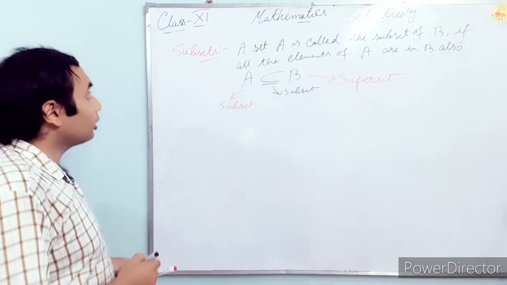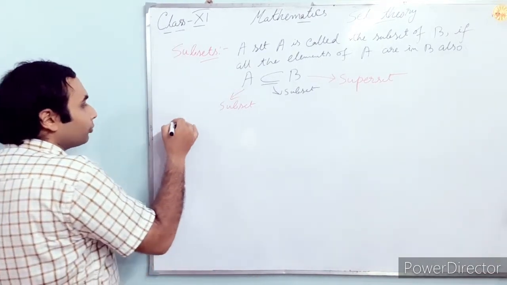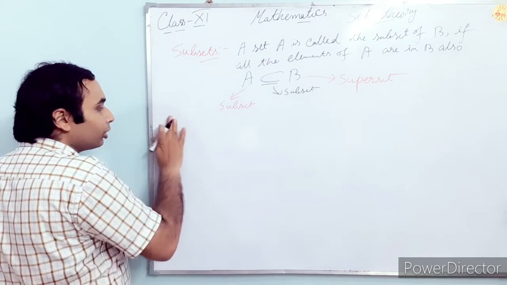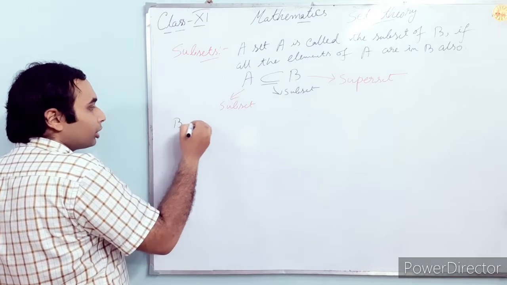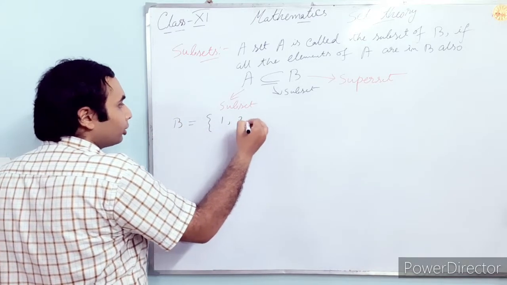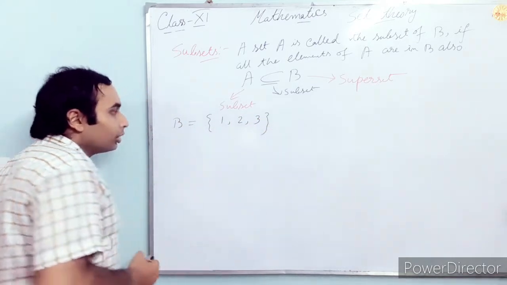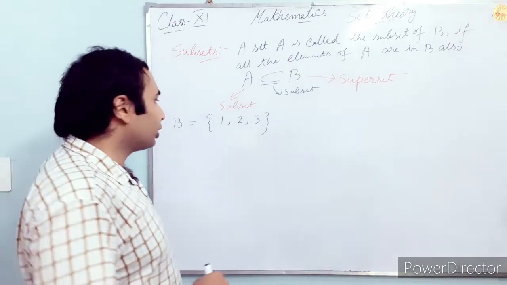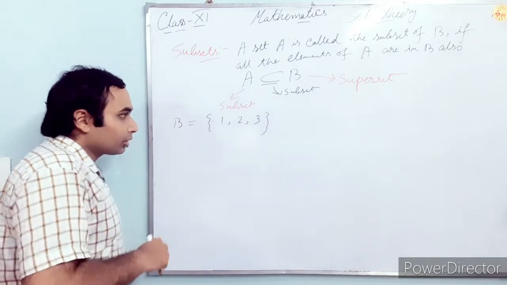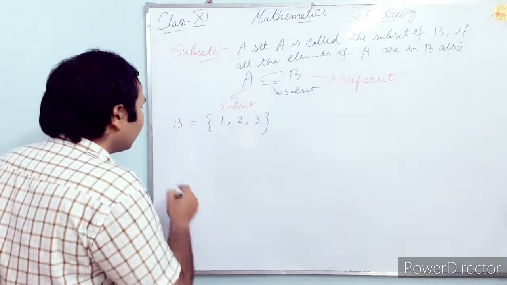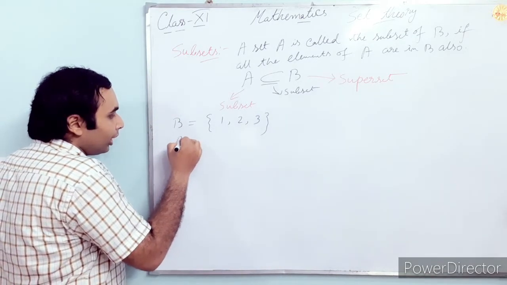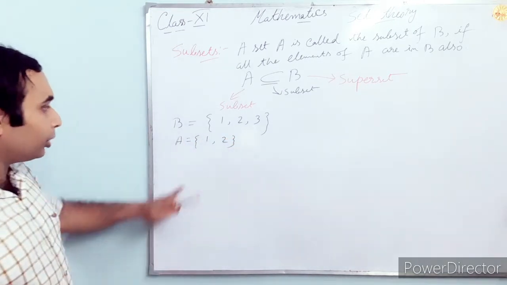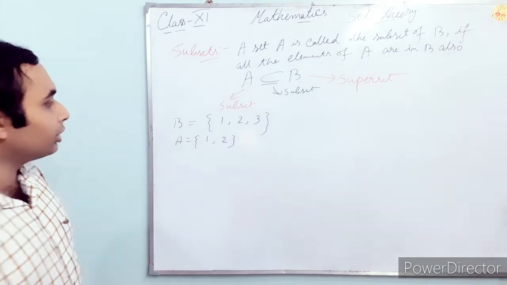Now, what are the subsets? If I give one example, for making you understand, I am taking B equals to {1, 2, 3}. This is a set. So what are the subsets of B? If I write A equals to {1, 2}, this is a subset of B because all those elements are in this set.